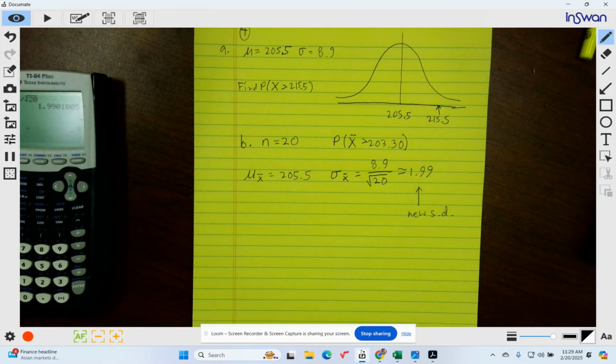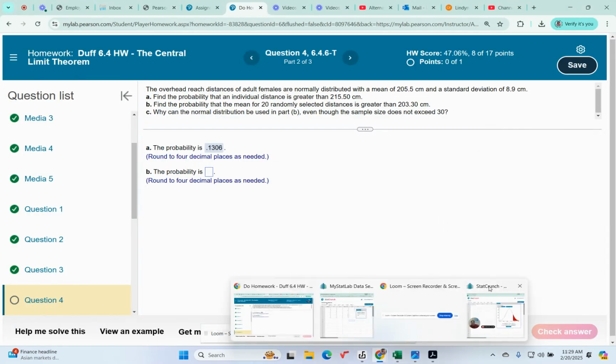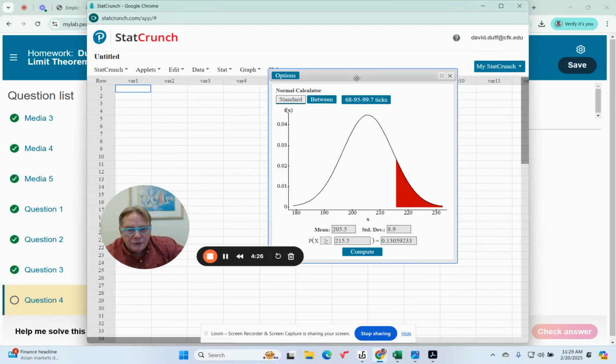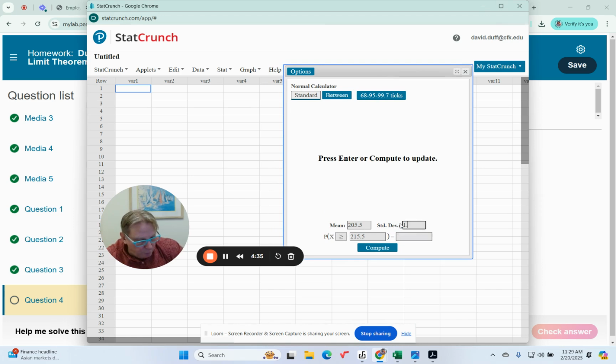So when we enter the numbers into StatCrunch, we have a mean of 205.5, and the standard deviation is no longer 8.9. It's now 1.99. And then we're looking for the probability that x bar is greater than 203.30.